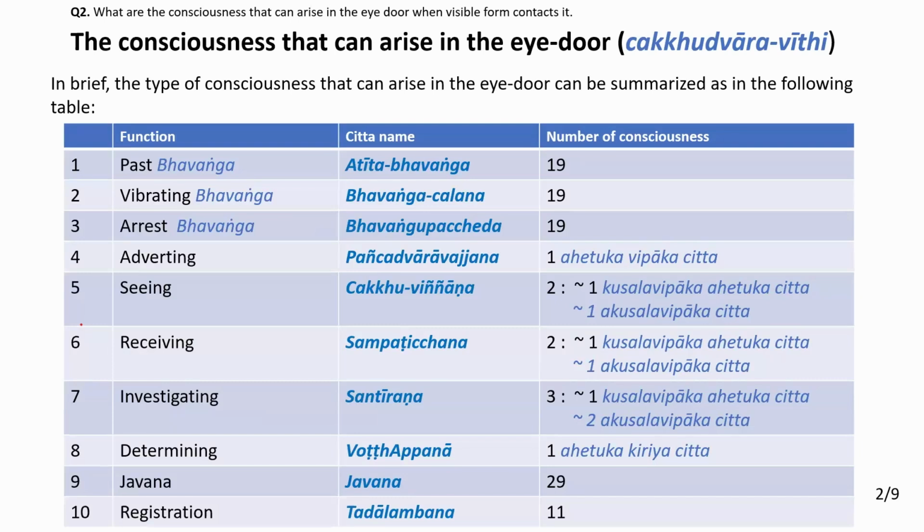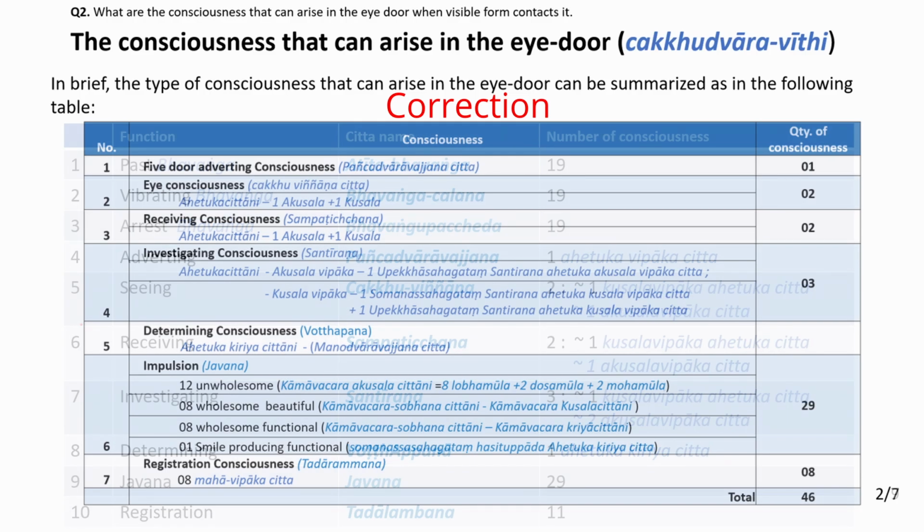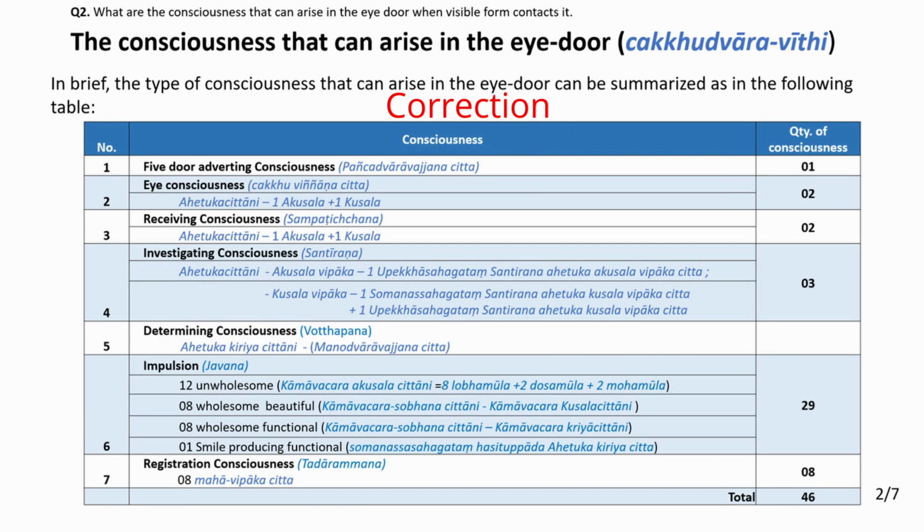For example, when you talk about Chakku Vinyana, you should be referring to the one kusala and the one akusala in this column. Then only you say number of consciousness is 2. I see. Now I see what you say. So I should transfer the kusala and akusala into the same column as the chitta name.